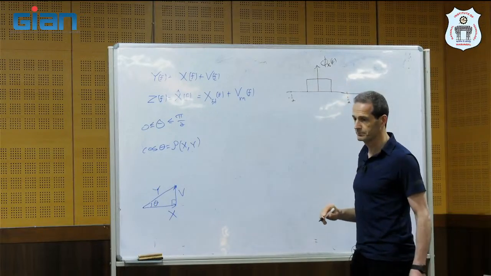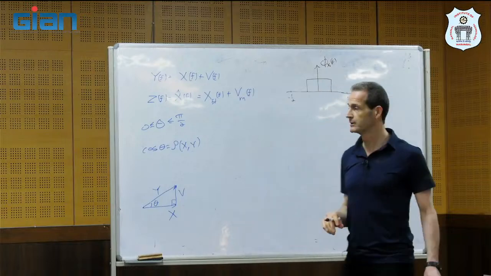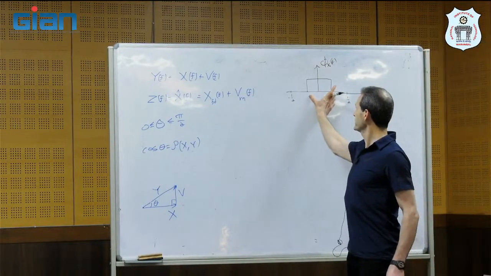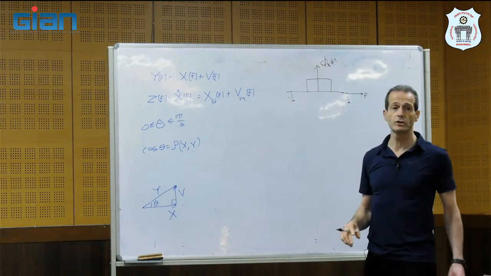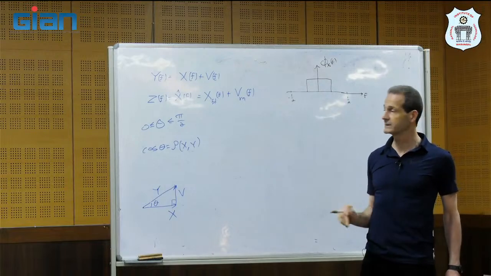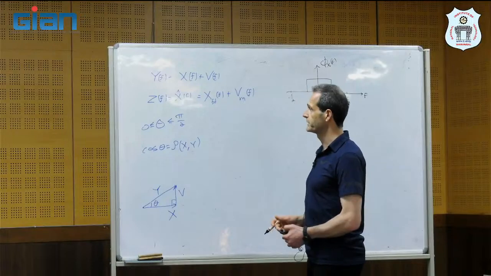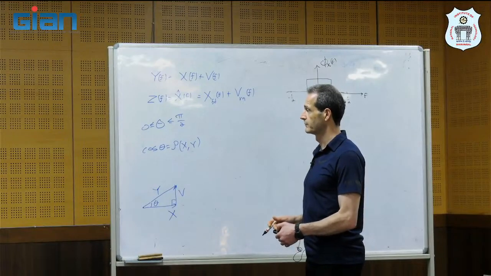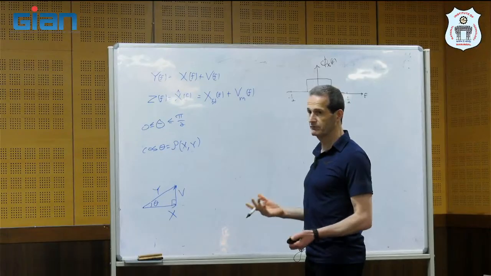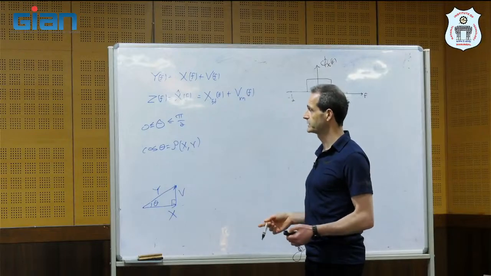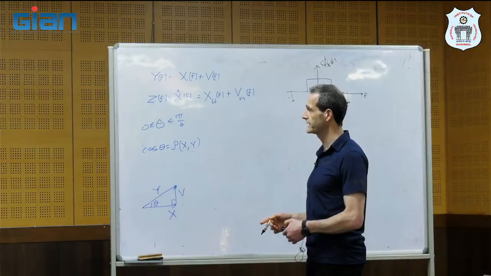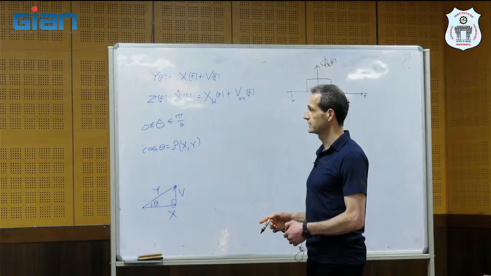This is the spectrum of the desired signal, which means that it contains only the low frequencies. We don't have high frequencies for the desired signal. And suppose that the spectrum of the noise, which is the variance of V for each frequency, looks like this. Okay, so it's better.